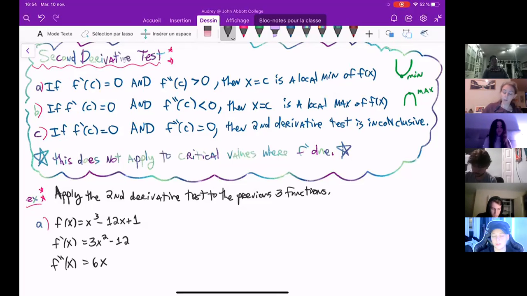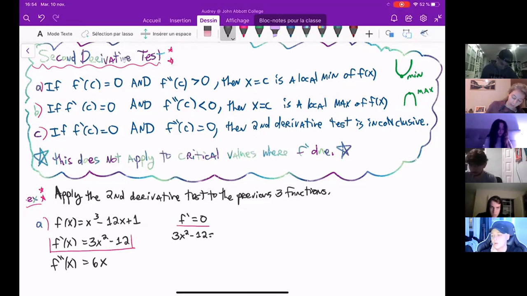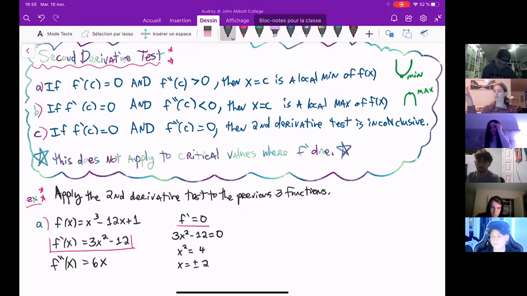So what the second derivative test is telling me to do is to go back to the first derivative and find the critical values where f prime equals 0. So I'm taking 3x squared minus 12 and setting it equal to 0, which gives me x squared is equal to 4, which gives me x is equal to plus or minus 2. If I'm thinking about critical values, f prime does not exist is not important for the second derivative test.